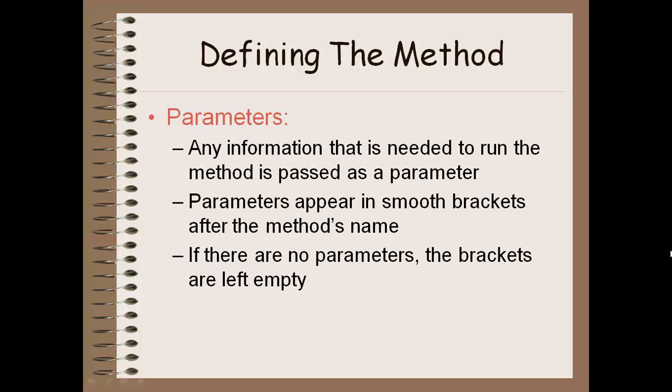And finally, the parameters. Any information needed to run the method is passed as a parameter. They appear inside the round brackets after the method's name, and you need to provide both the type and the name of that parameter. If there are no parameters, you just leave the brackets empty. They still have to be there, there's just nothing inside of them.